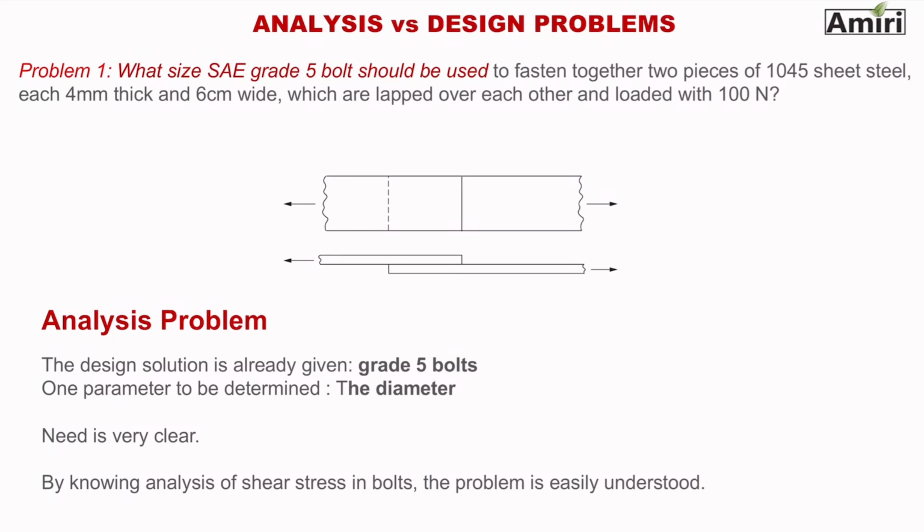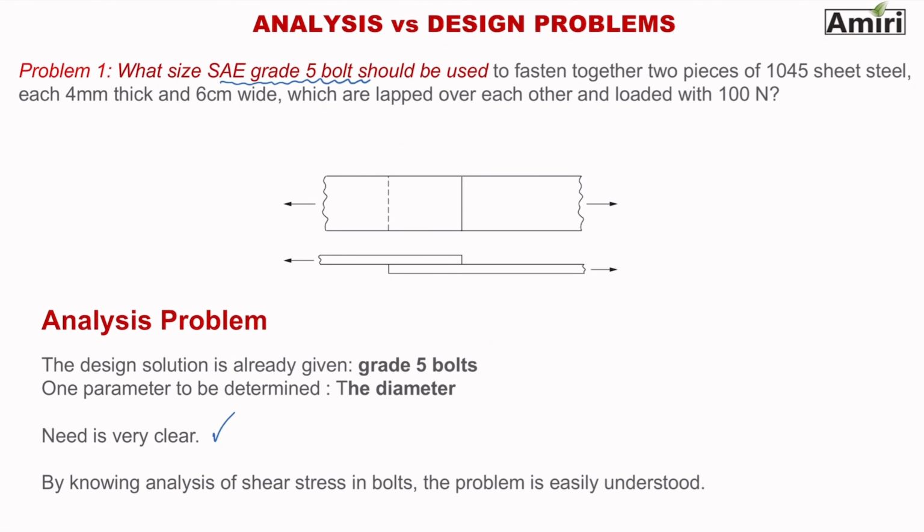The design is already done for you. Somebody has already made the decision that this is the grade 5 bolt we're going to use. Maybe they're welded together. All they're asking you is to figure out the size of the bolt they need. So one parameter that they need you to look into is the diameter of the bolt. It's very clear what the need is.